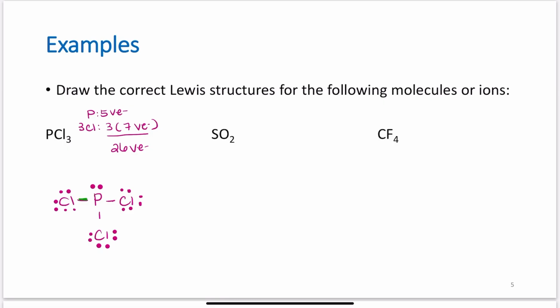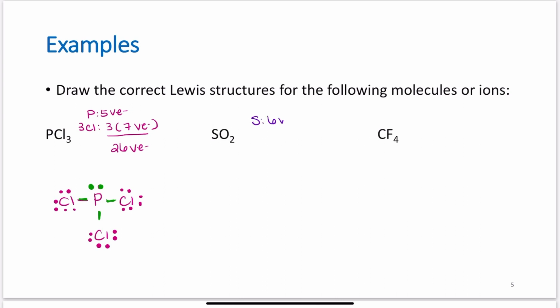So again, 2, 4, and 6. And then it has its one lone pair with 2 electrons, 8. So our central atom does have its octet. Now, we haven't learned formal charge yet, but I can tell you this is the correct structure. Okay? Let's go ahead and work on SO2.